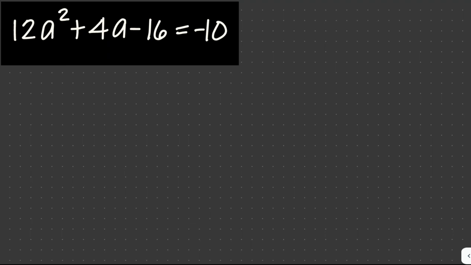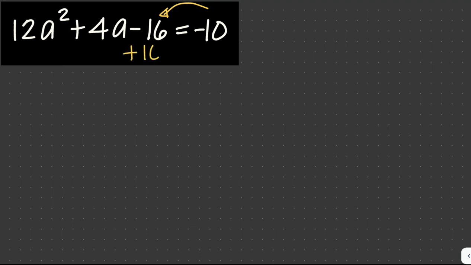Okay, let's solve another problem here. We're given this equation: 12a squared plus 4a minus 16 equals negative 10. To solve this, we move all of the terms to one side. In this case, we can move all of the terms to the left side, therefore moving negative 10 to the left.